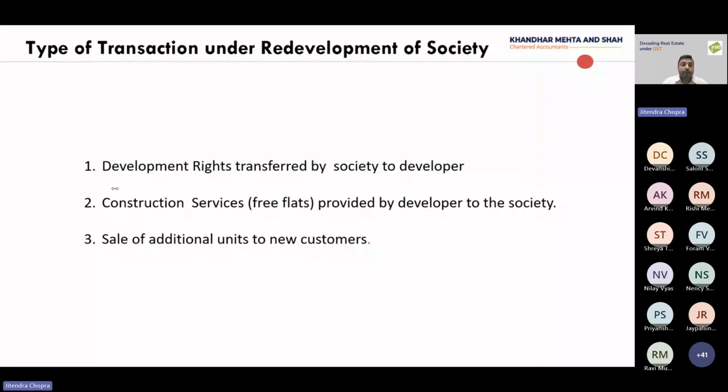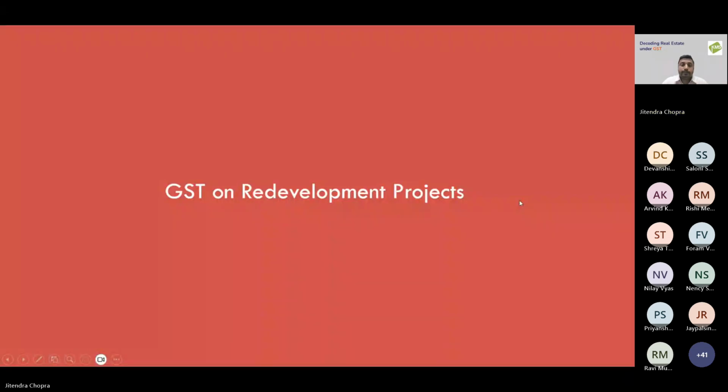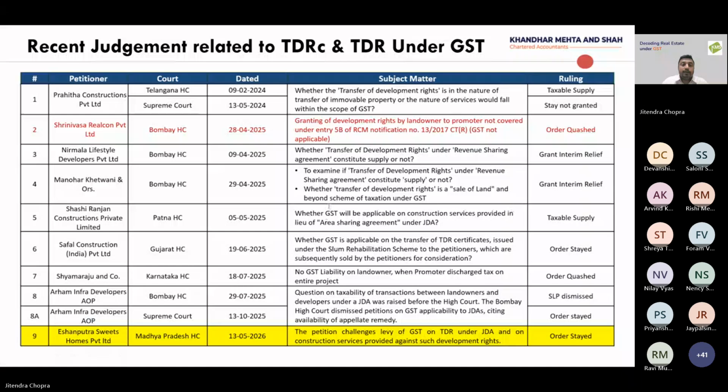Even yesterday, in the case of Ishan Putra Sweets Homes Private Limited, the Madhya Pradesh High Court granted interim relief against a GST demand related to TDR, which again shows that litigation on taxability of development rights is still continuing before various high courts.